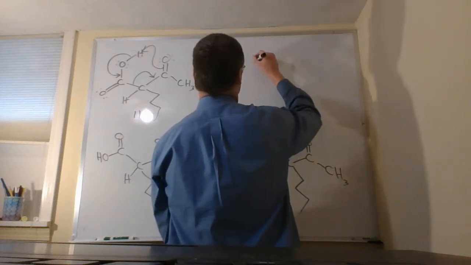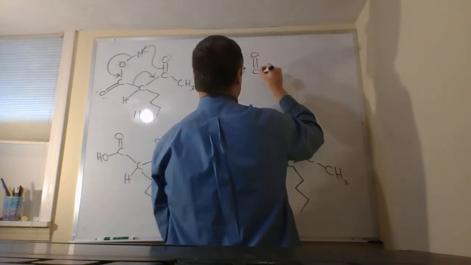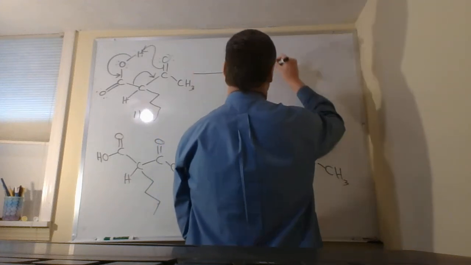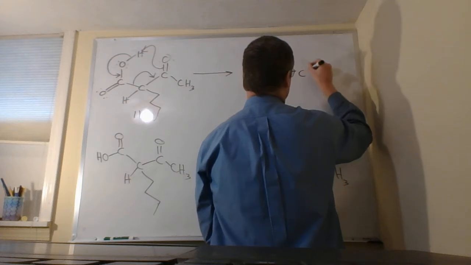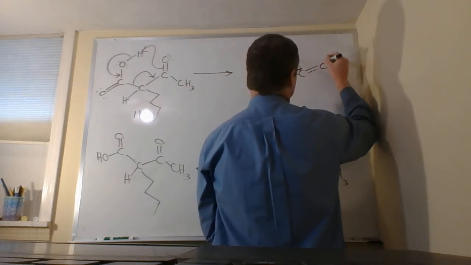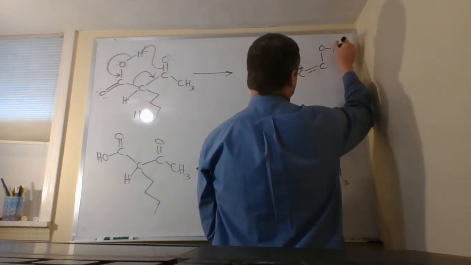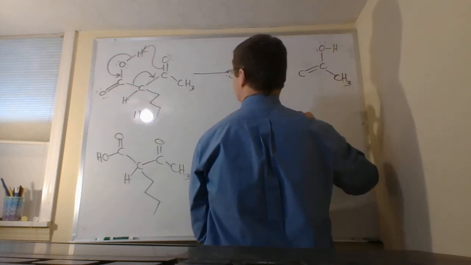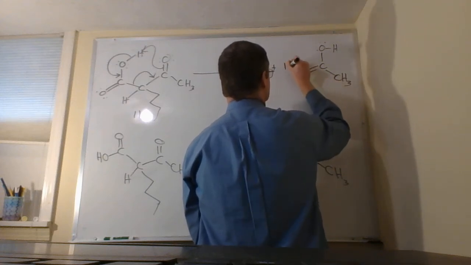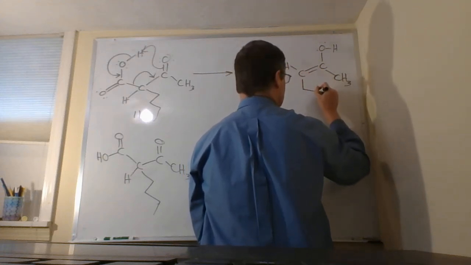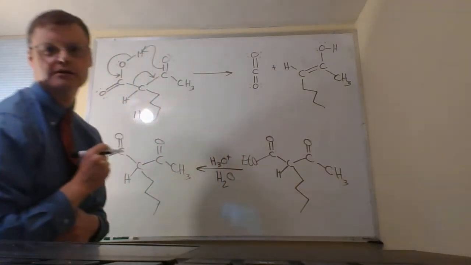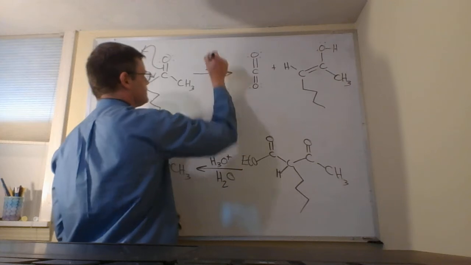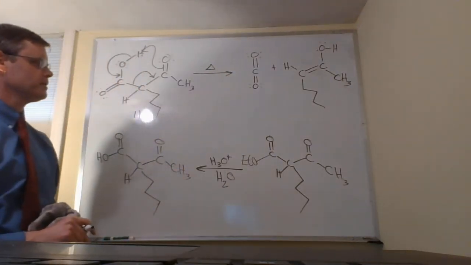When we do that, we're going to make carbon dioxide plus the enol form of our final product. Okay, there's the enol. And we usually say that heat's involved with this decarboxylation.